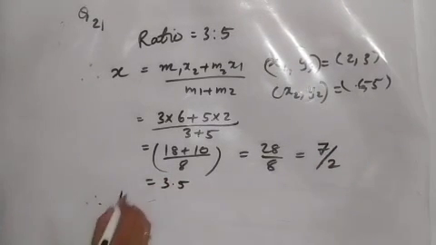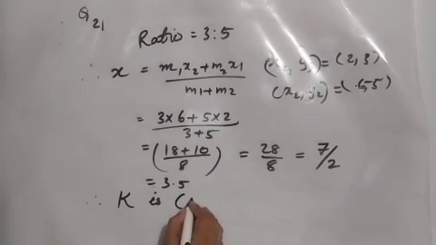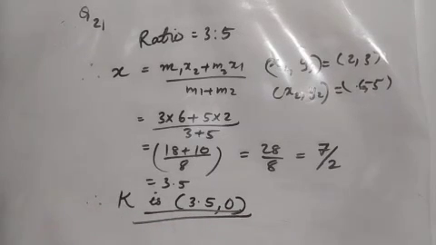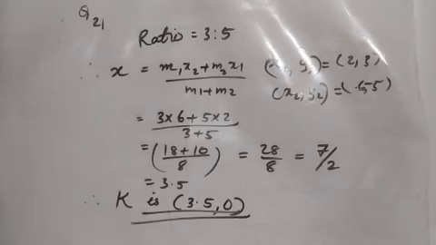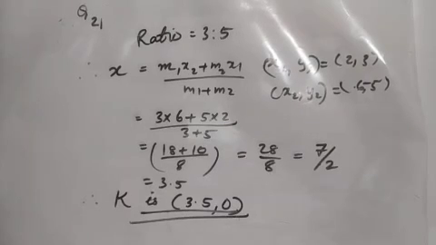Therefore, we can write the coordinates of k as 3.5, 0. Or you can write 3 and a half, 0 also, or 7 by 2, 0. This is the coordinate of k. Understood? We use the section formula only to find these type problems.